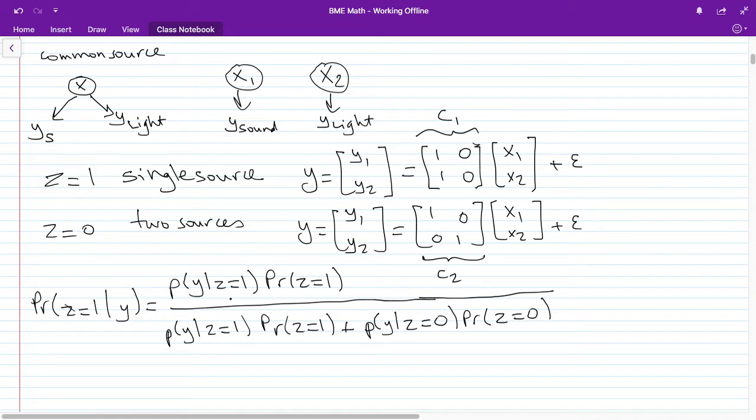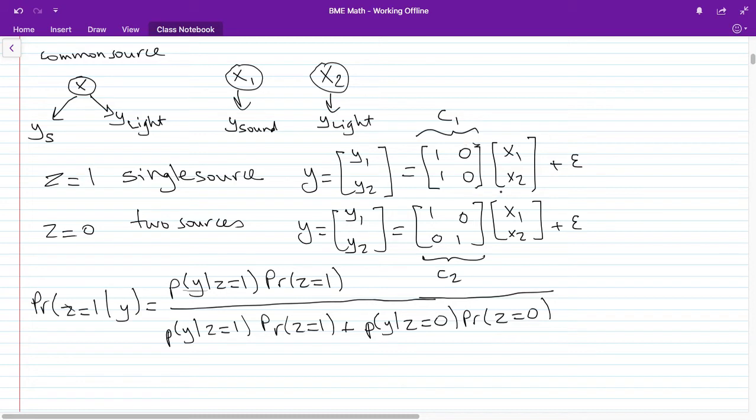Probability of Y given that Z equal to 1. So if you had two inputs, Y1 and Y2, they came from the same source if they are the same, which is what this equation is saying, right? This P of Y given that Z is equal to 1 is a normal with mean C1 times X, right?